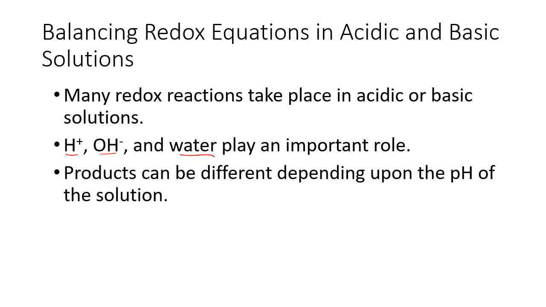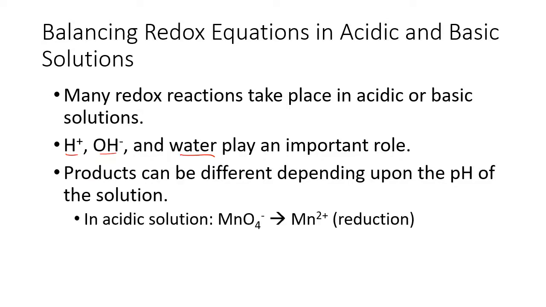An acid has a pH of less than 7, while a base has a pH of greater than 7. For example, in an acidic solution, the permanganate ion is reduced to the Mn2+ ion. We could determine this by figuring out the oxidation state of manganese. 2 minus for the oxygen, 8 minus total since there's 4 of them, and it has to add to a -1, so manganese must have been a +7.